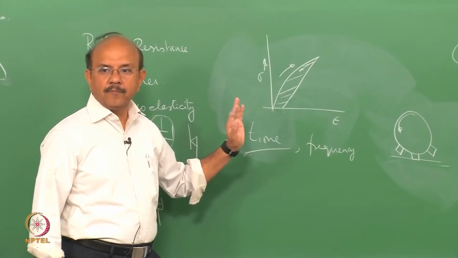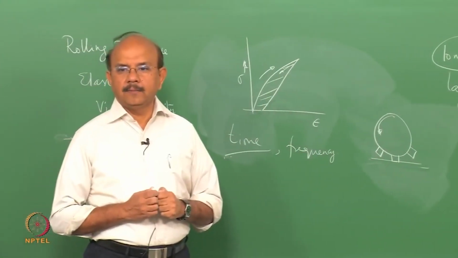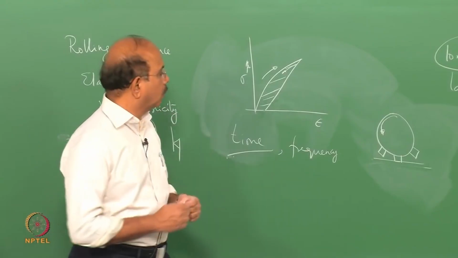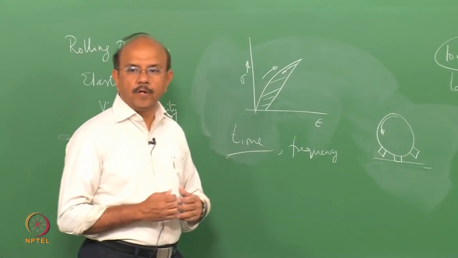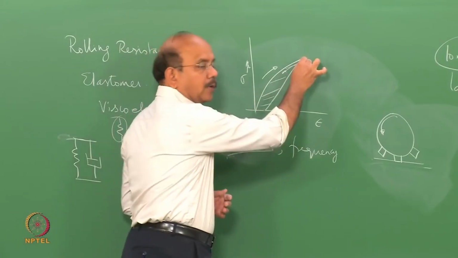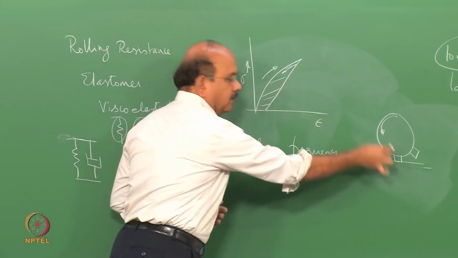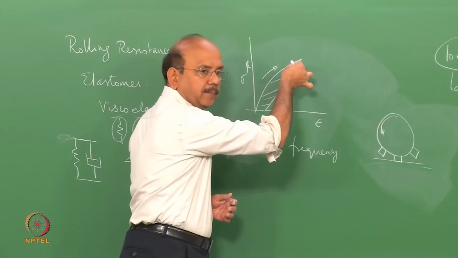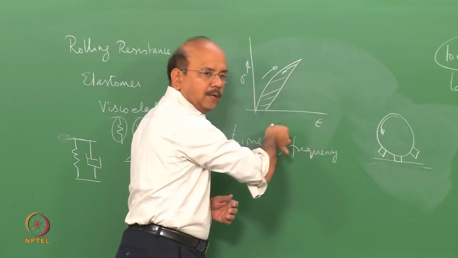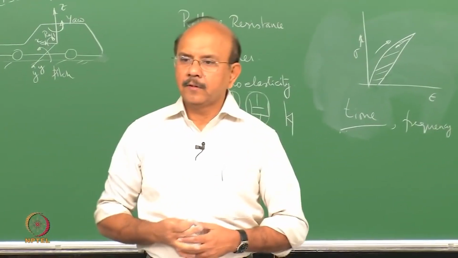So, if I go and sit here in this tread and go through the cycle of rolling, I will go through a compression and then decompression. As I come here, I get completely compressed. As I go out, the load on me gets released.